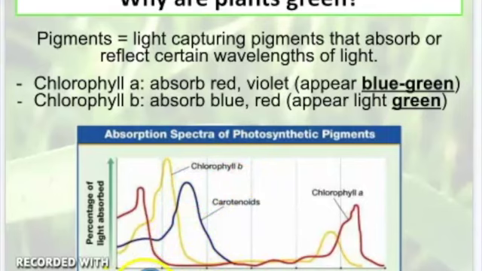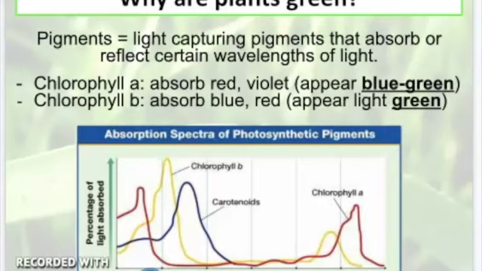So what we're going to see with an eggplant is this violet color. That's what's being reflected back to us. So it all depends on the type of light capturing pigment that is used within each plant.